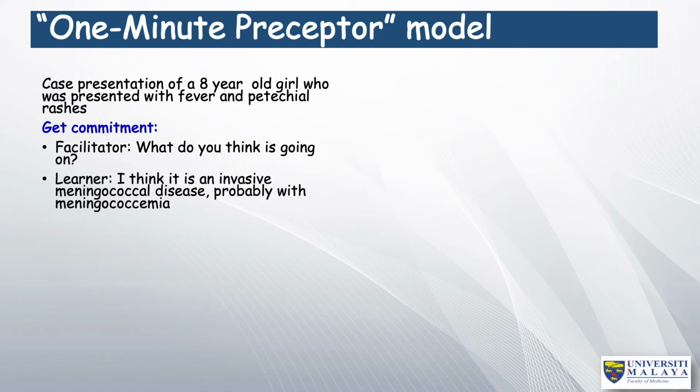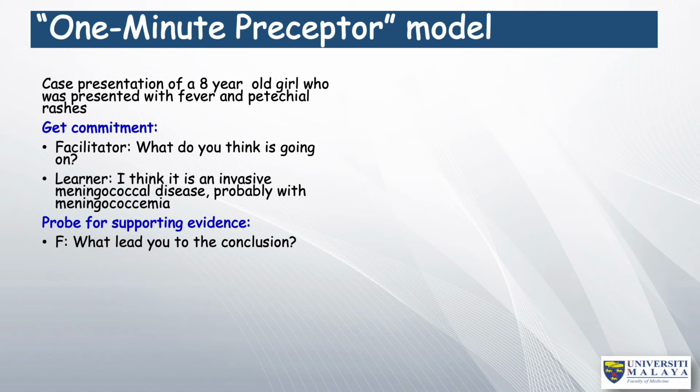The learner thinks, "I think it's an invasive meningococcal disease, probably with meningococcemia." Then probe for supporting evidence. What led you to the conclusion? Now the learner says the signs and symptoms, the fever, the petechial rashes, the neck rigidity, all indicate towards meningitis, and also the petechial rashes.